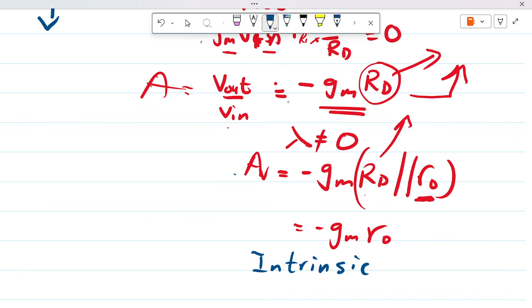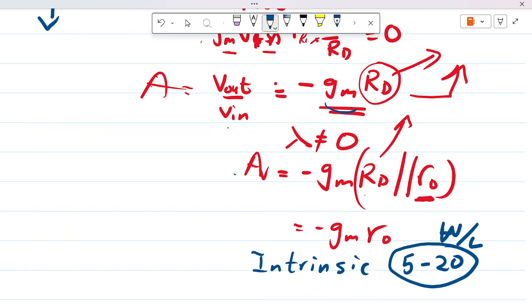And for modern MOS devices in integrated circuits, it's somewhere between 5 and 20, depending on the ratio W over L.